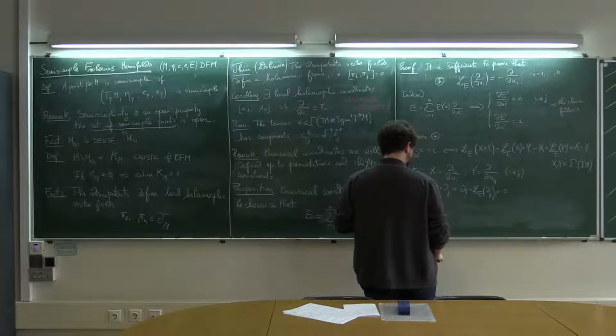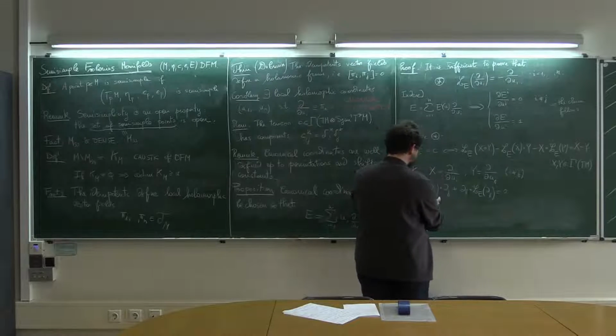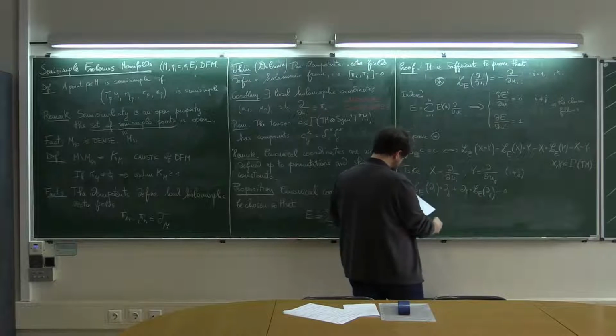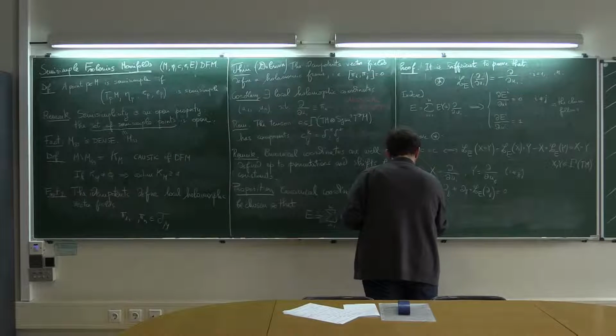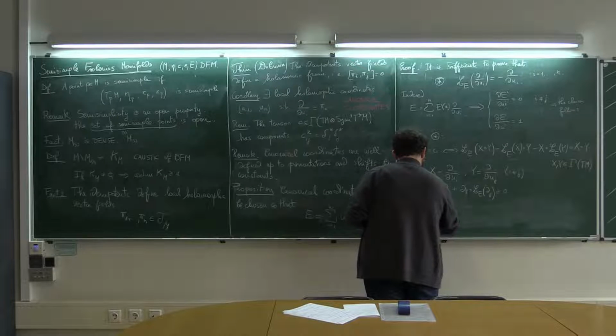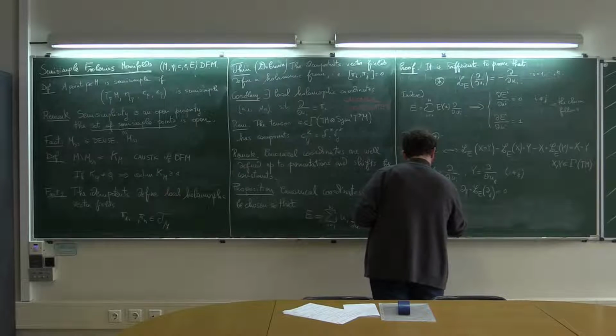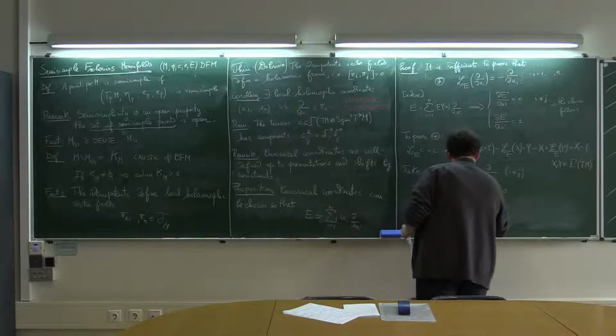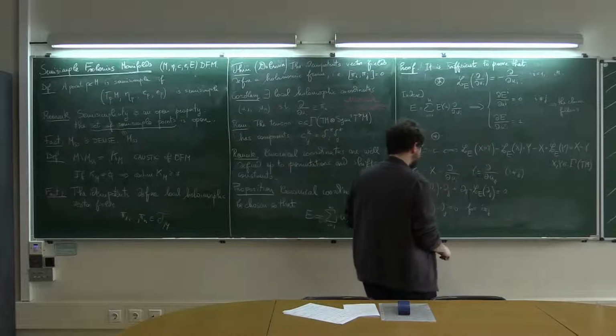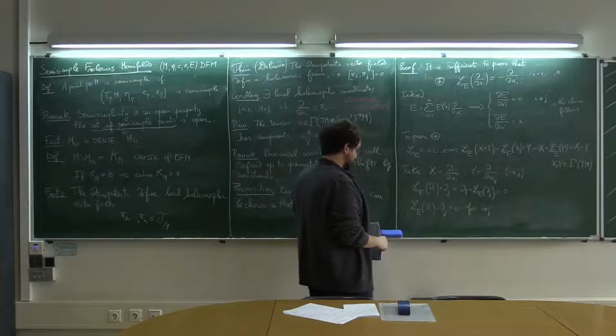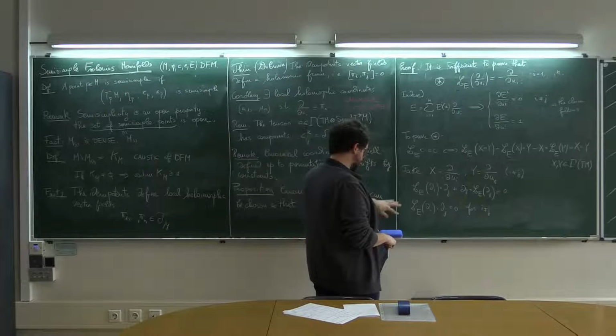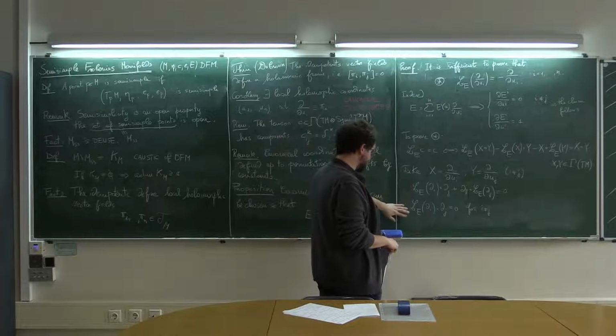Which means that the Lie derivative of ∂i times ∂j equals 0 whenever i is different from j. We deduce this from this.